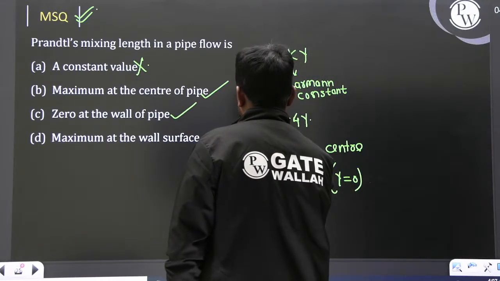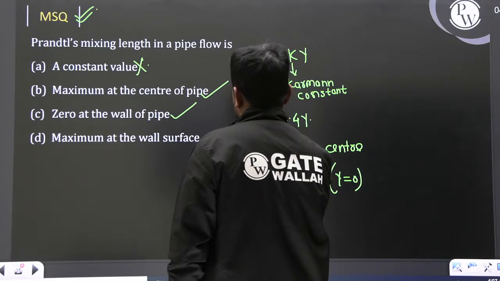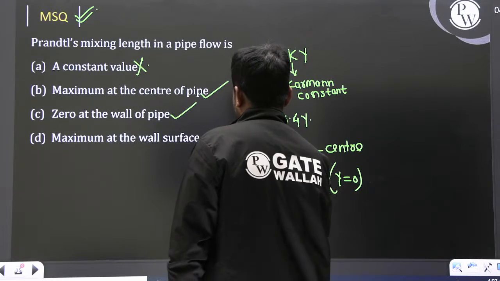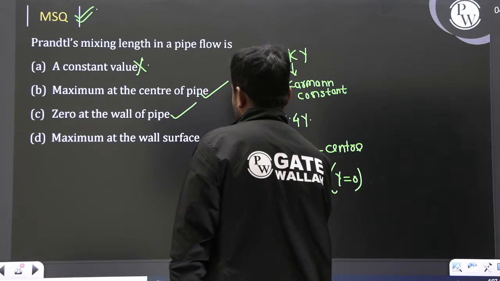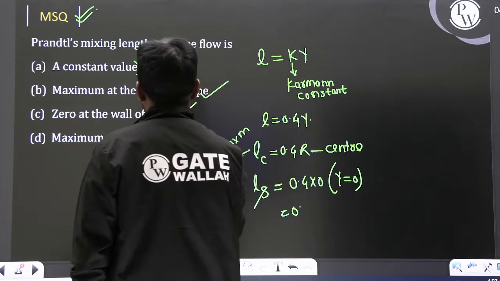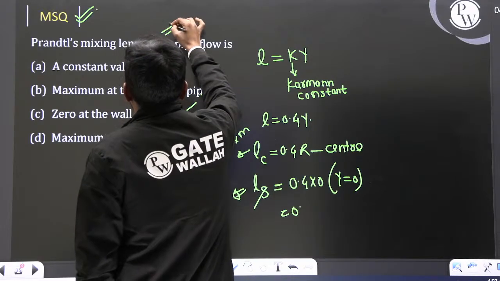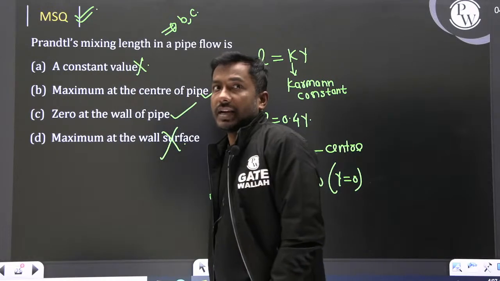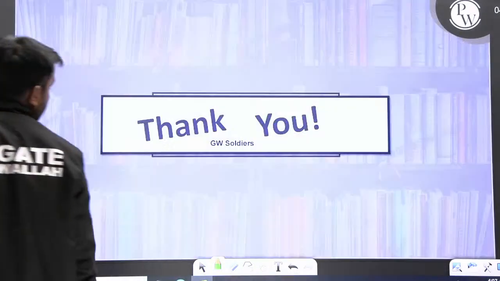So at the center the Prandtl mixing length is maximum, and at the wall surface it is minimum. The correct answer is B and C.